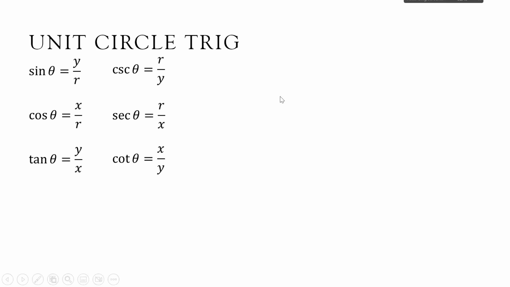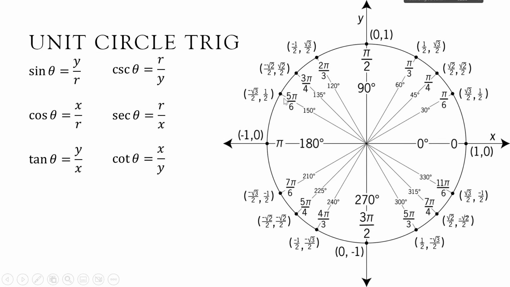Now let's go ahead and actually show you the more detailed unit circle. Here I have our huge unit circle with all of these different angles and these different x, y points. So if I wanted to look at, for example, sine of 30 degrees, how can I use this unit circle to figure out what sine of 30 degrees is?